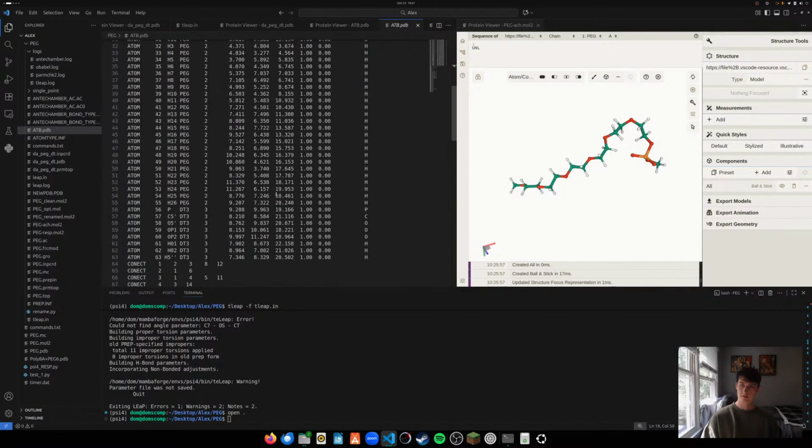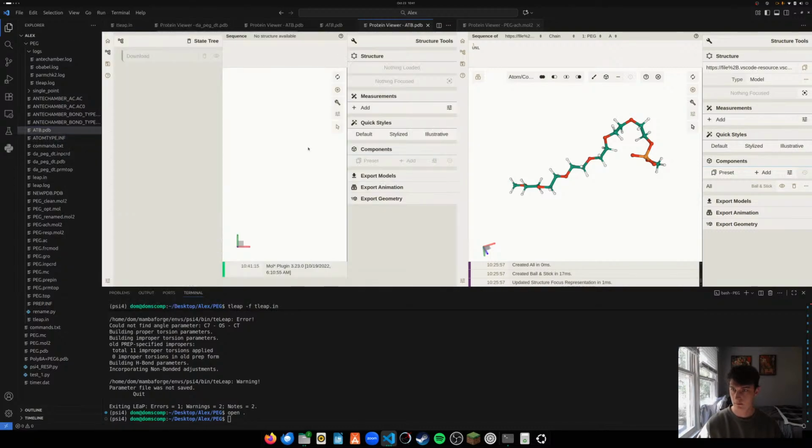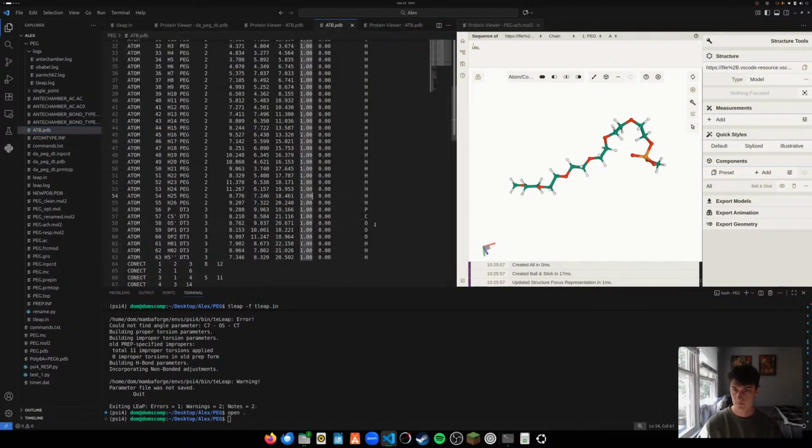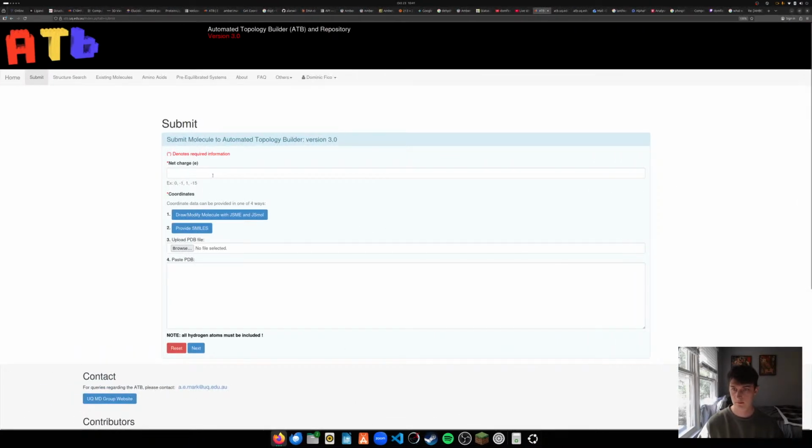So how do I turn this into one molecule? Let's just submit this for now. That's one. Boom. Next.